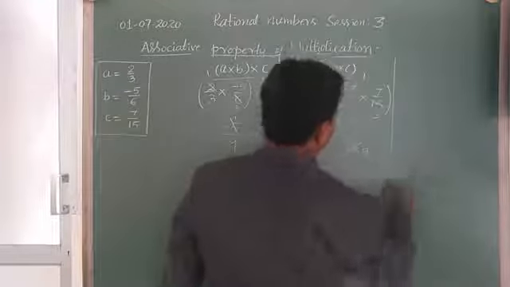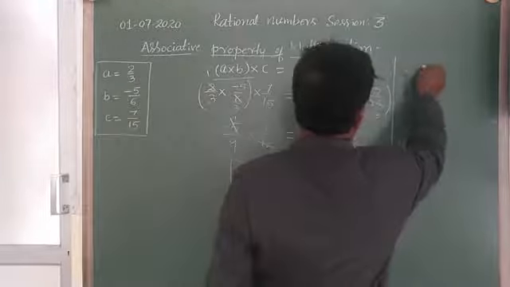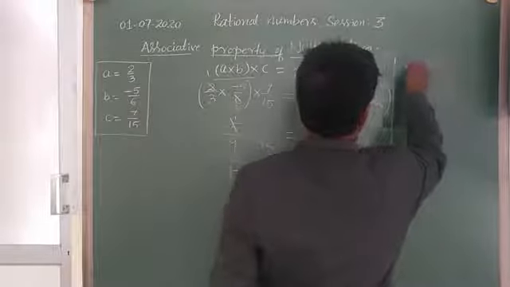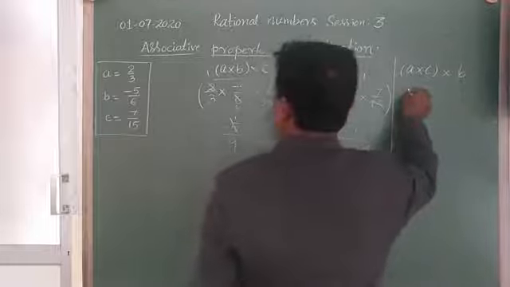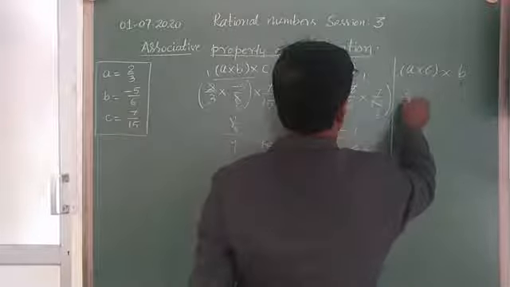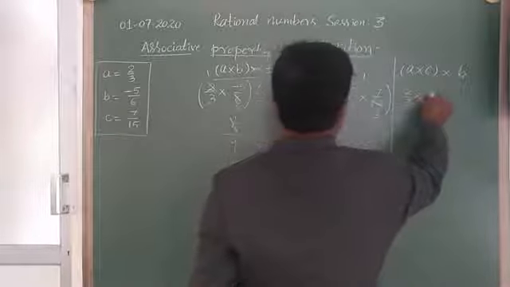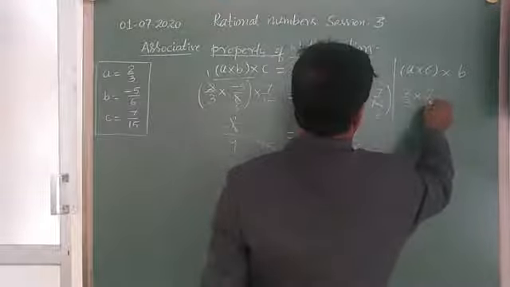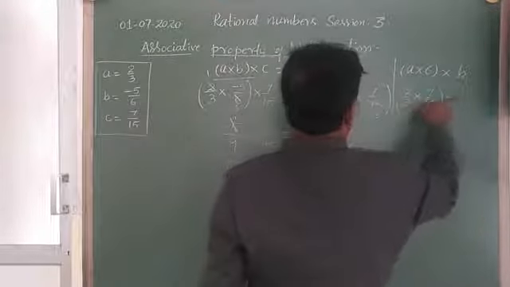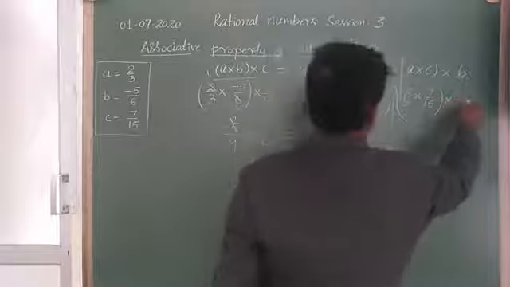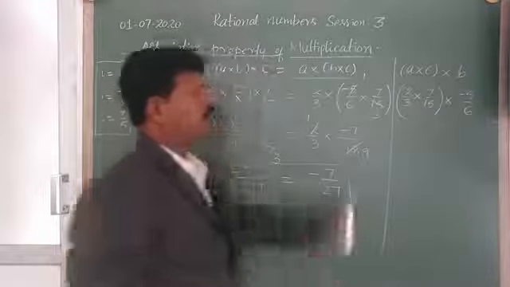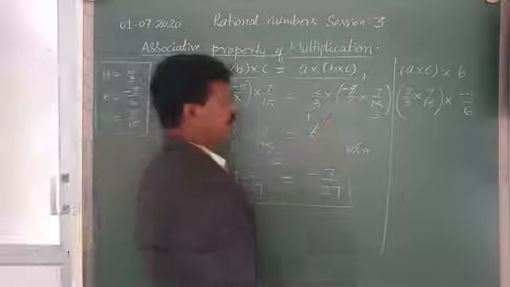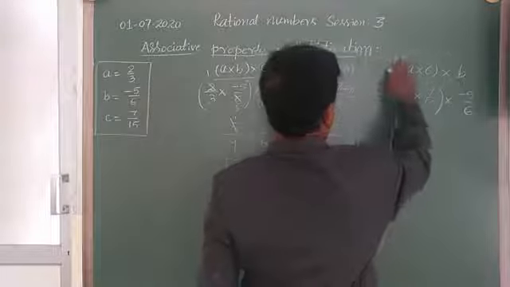Now I am taking this also in a different way: A into C into B. Now A is 2 by 3, into C is 7 by 15, into B, which is minus 5 by 6. I am showing that one also, the remaining one. So this is also equal.